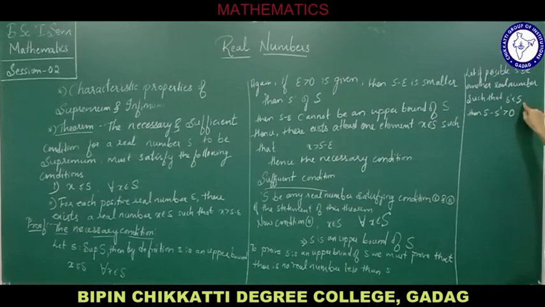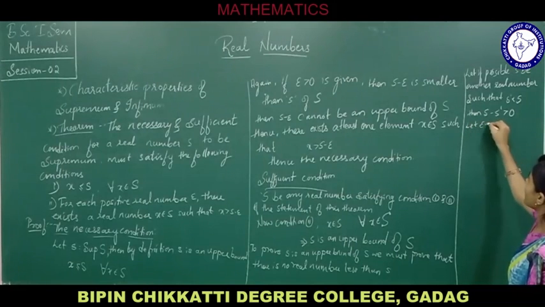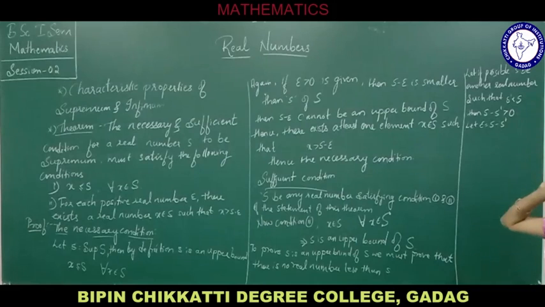If it is less than s, what is going to happen? s minus s dash will be greater than 0. Now what will we consider? Let epsilon be equal to s minus s dash.